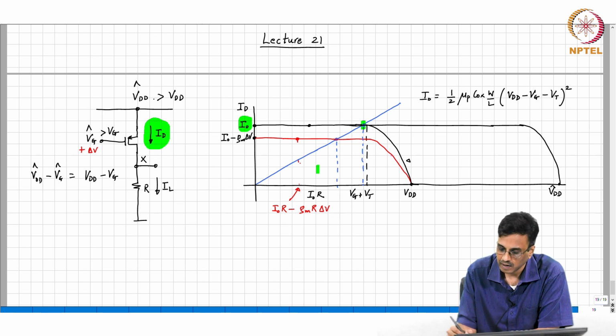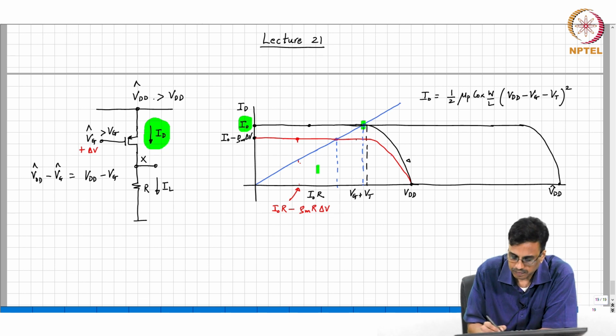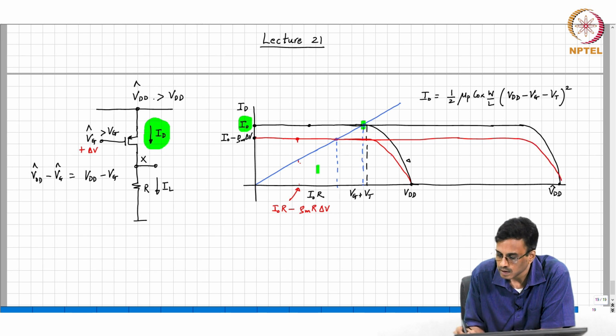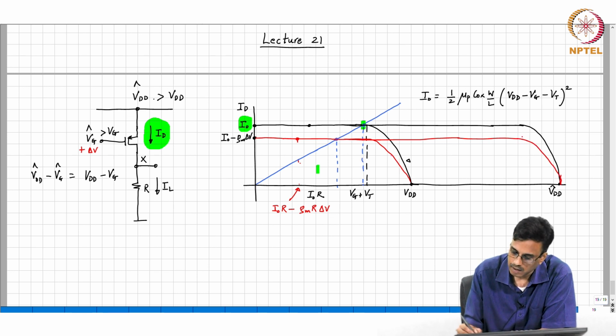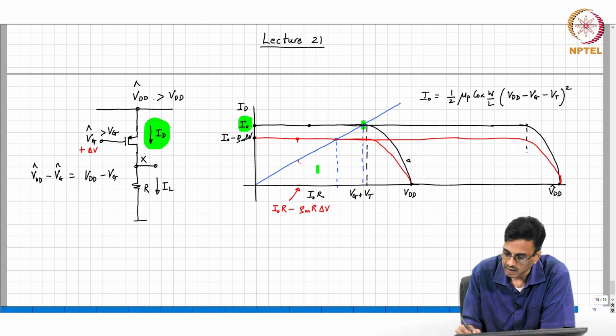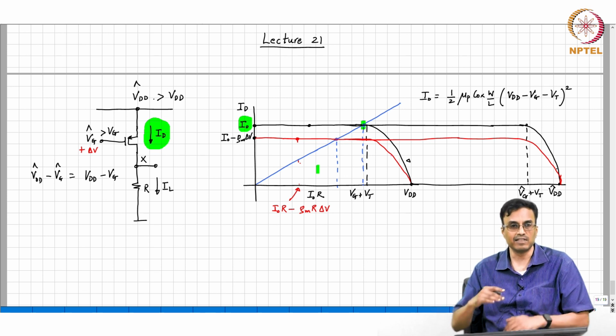So, this is for VG. What happens to the red curve now? It will also stretch, okay, and this guy here is VG hat plus VT, alright. Okay, so we have increased the VDD and VG by the same amount.